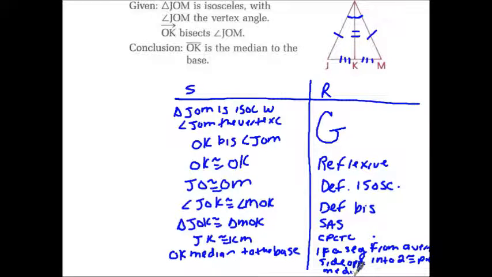So again, the wording on that's a little awkward. We have to have what makes the median. A, it starts from a vertex. B, it divides the side opposite into two congruent pieces. So it's really important that we convey all that information and what our reason's going to be.